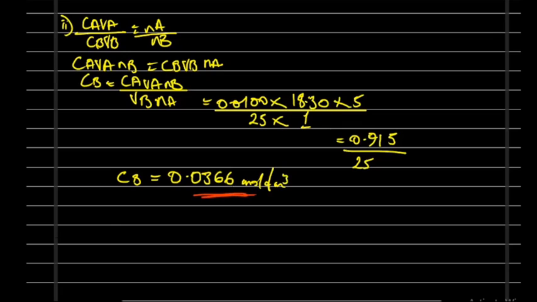And then we have question 3. Question 3 there says we should calculate the concentration of B in grams per dm cube.